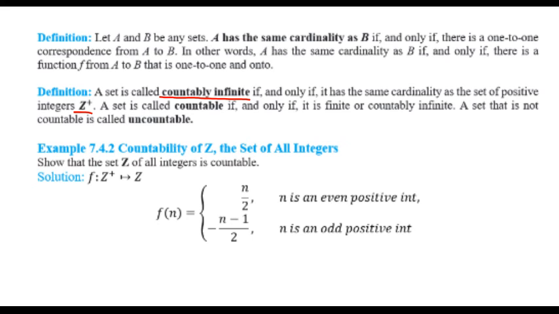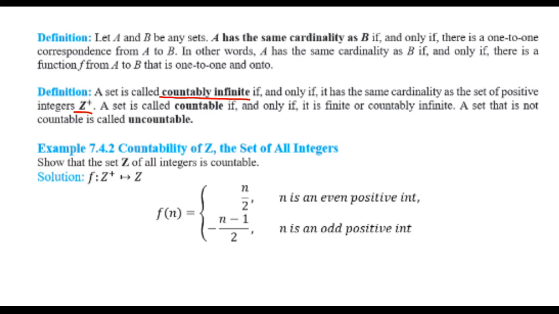Or in other words, if and only if we can find a function that is both onto and one-to-one and maps the set A to the set of positive integers Z plus.